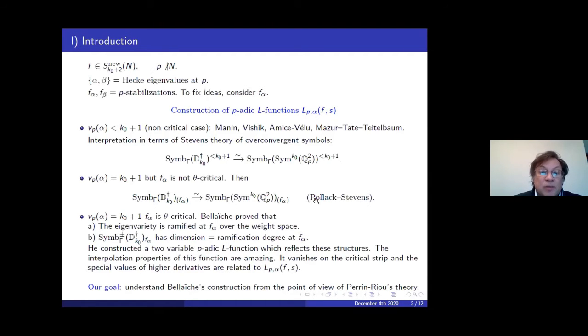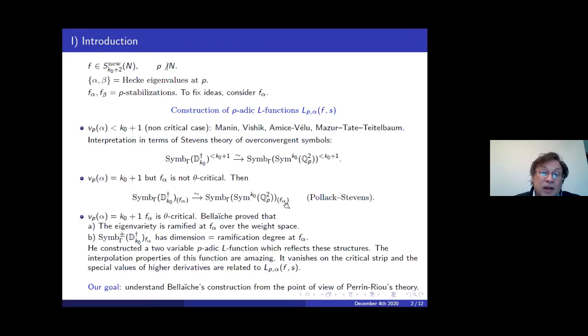Pollack and Stevens proved that if we consider the generalized Hecke eigenspaces of these spaces of symbols, which correspond to the stabilization f_alpha of the form f, then the natural map from overconvergent to classical symbols becomes an isomorphism on these eigenspaces.